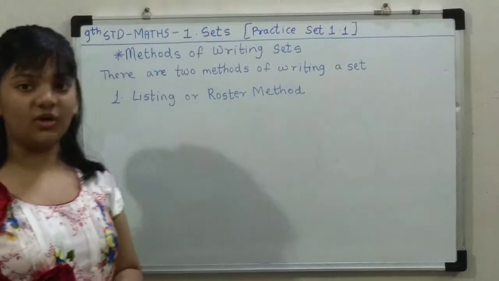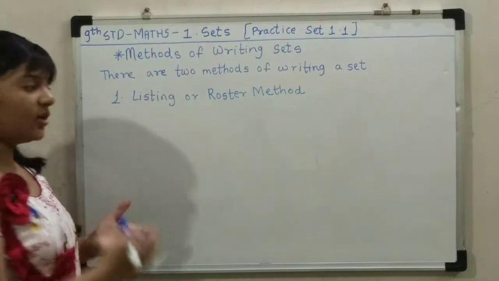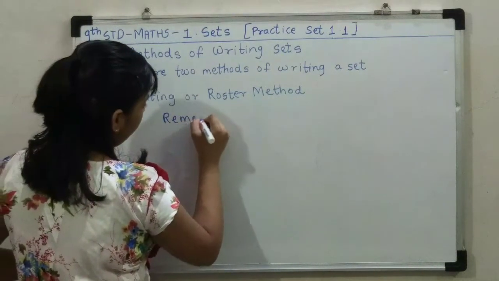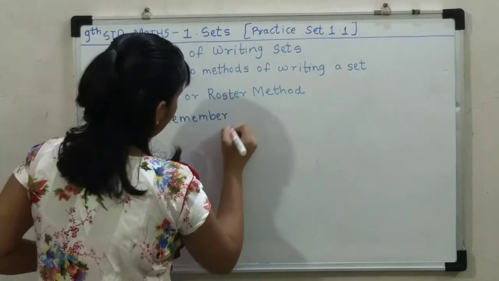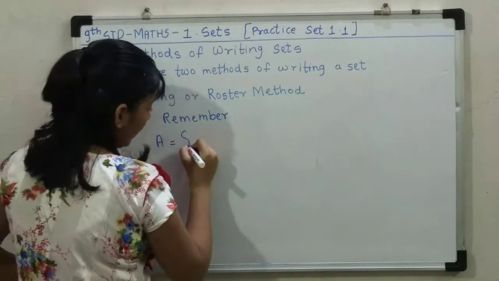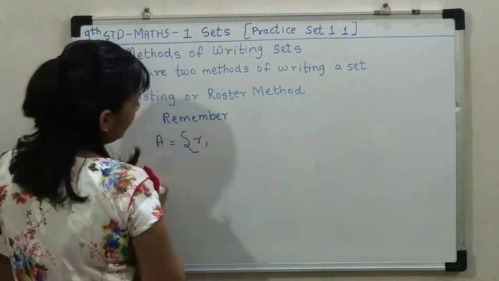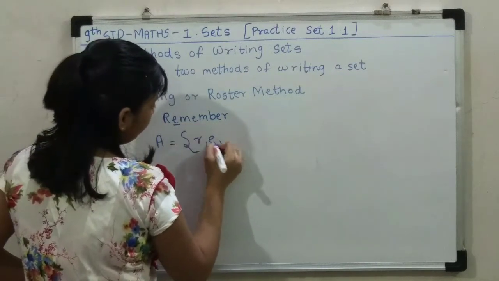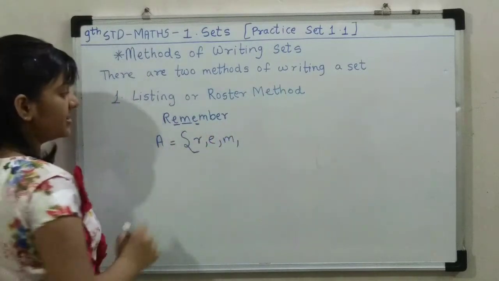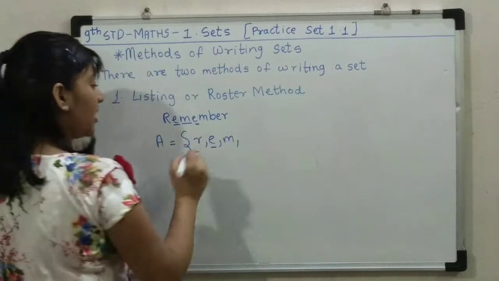Now we have discussed all 3 points of the listing method or roster method. Now we'll try to make a set using the listing method. First I have to make a set of the word REMEMBER. Set A, and I'll open the curly brackets. Inside I'll write R, then E, M. Now E is coming again in this word, so I'll not repeat E; E will come only once.